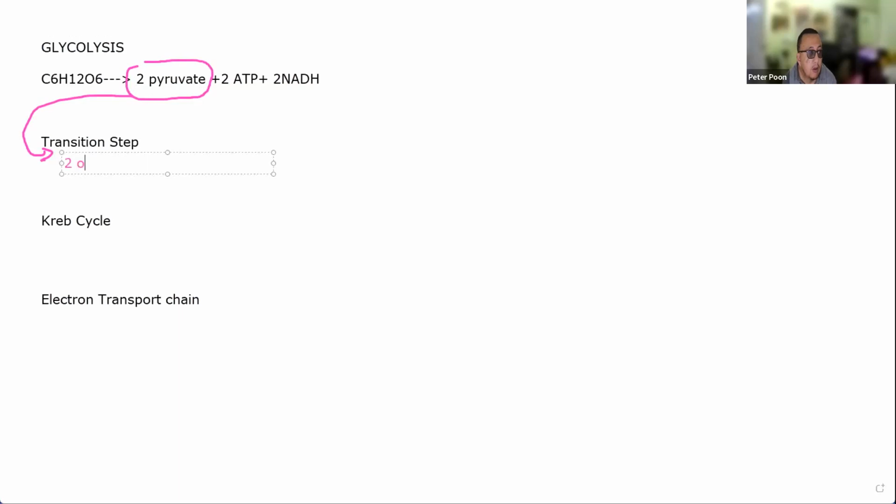So 2 pyruvate plus 2 OA goes to 2 acetyl CoA plus 2 NADHs plus 2 CO2.